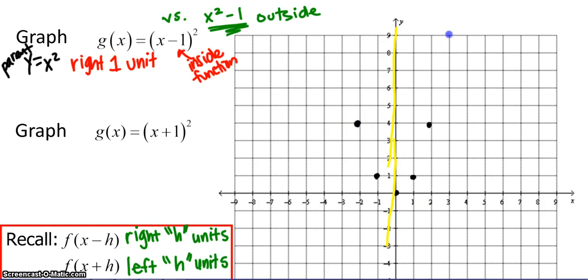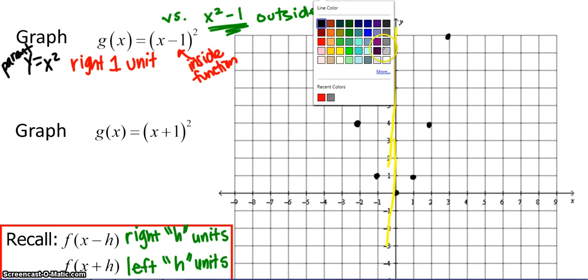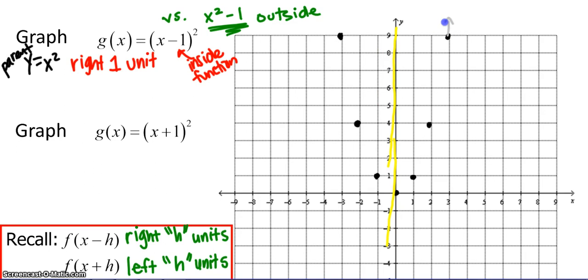I put a 3 in, I get a 9 out, I translate it over the axis of symmetry. I'm going to do this even lighter this time. This is our parent function. And remember that our parent function is decreasing until it gets to the vertex, and then it starts increasing.